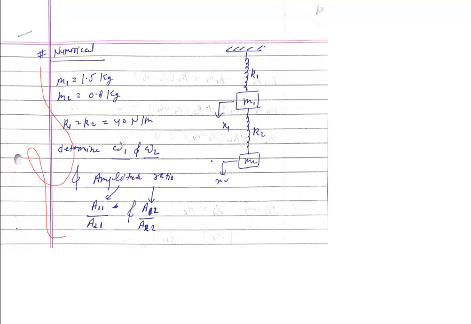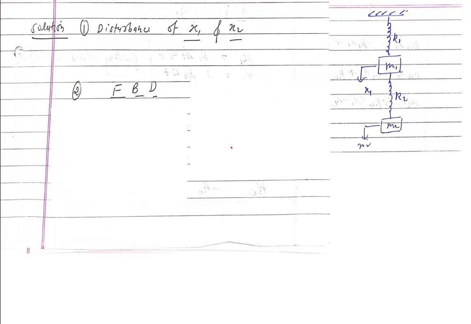Firstly, we are going to draw the free body diagram of both the masses. This is the first mass and this is the second mass, and we provide a disturbance x1 to m1 and x2 to m2. We are going to see what forces are applying on m1, assuming gravity is not there.